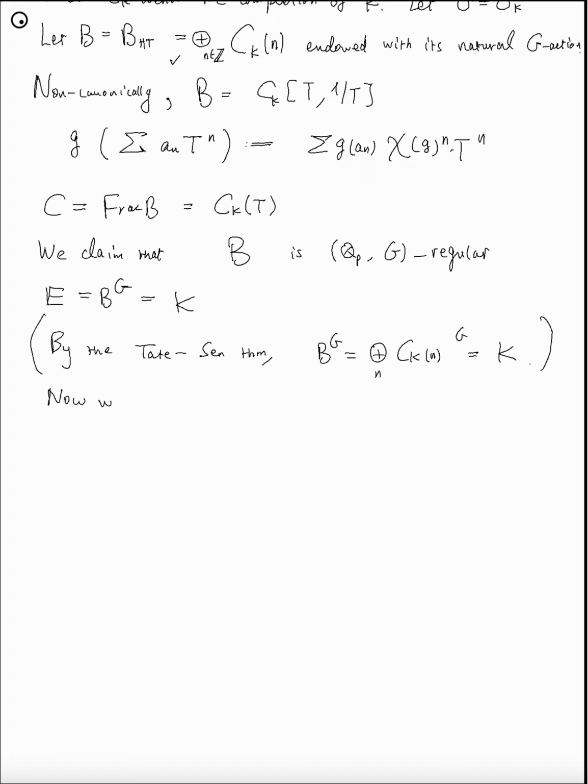Now let's put in an exercise, why not? So exercise 1: show that C^G, where C is the fraction field of B, also equals K. So let's consider this C included in the formal power series ring, which is also G_K equivariant.